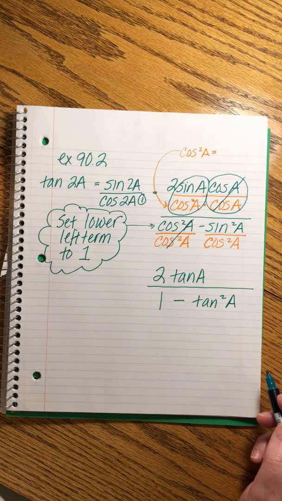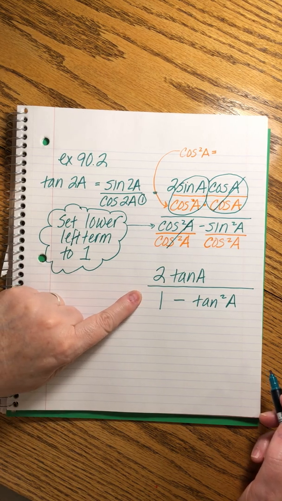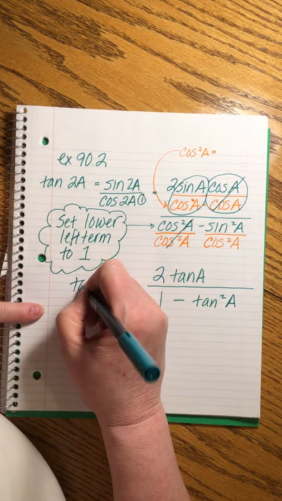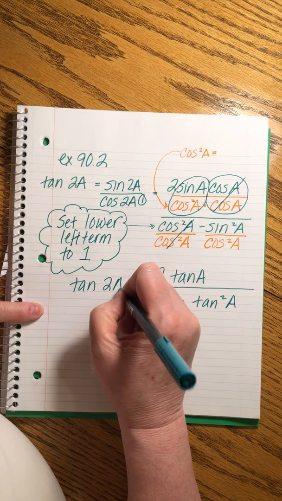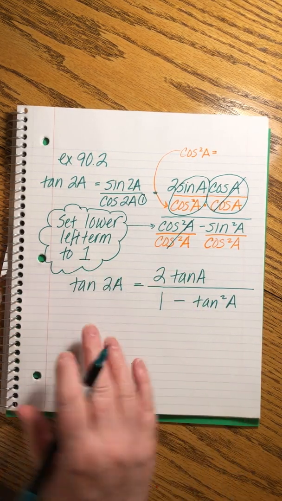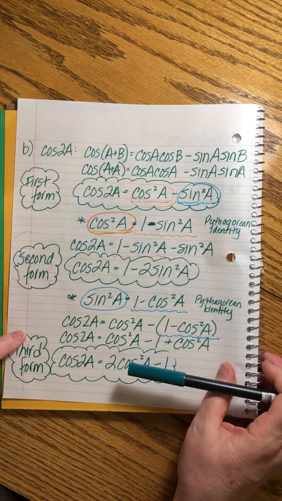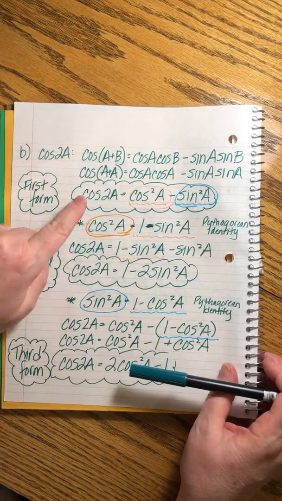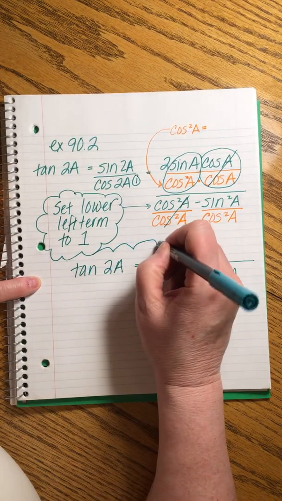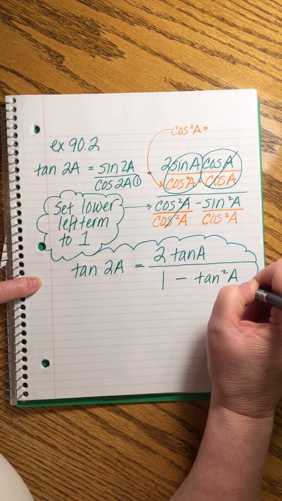So our final answer is that the tangent of 2A equals that. And let's see, I've been putting puffy clouds around them, haven't I? Yes. So I'll do the same here. I wanted to put a square around it, but I'm going to stay true to what I was doing before.